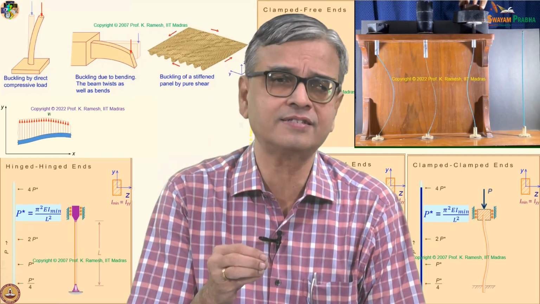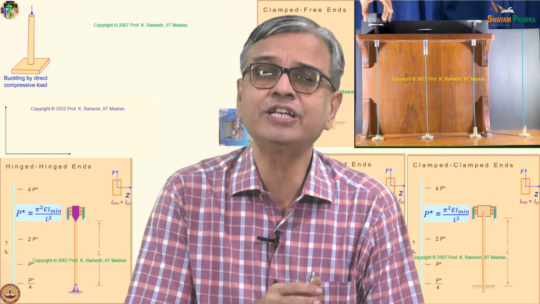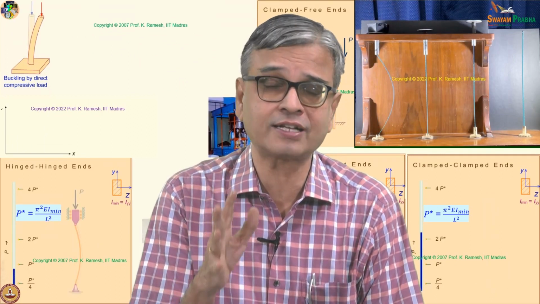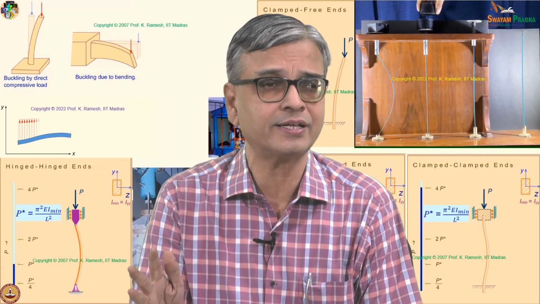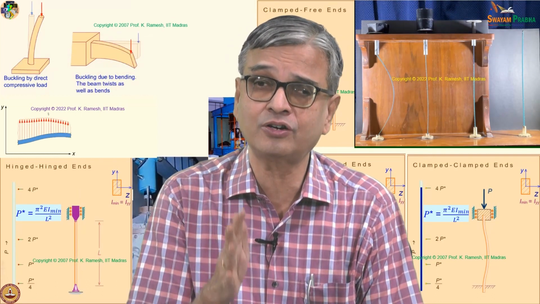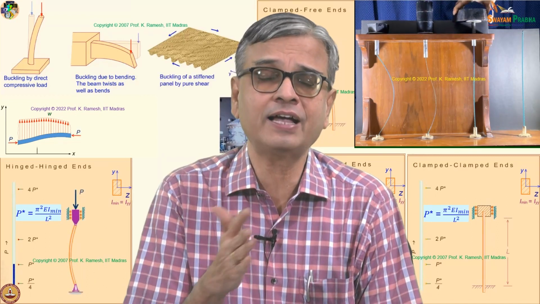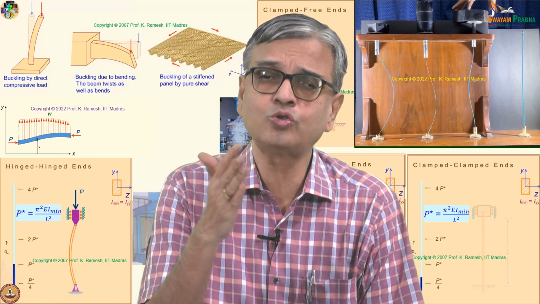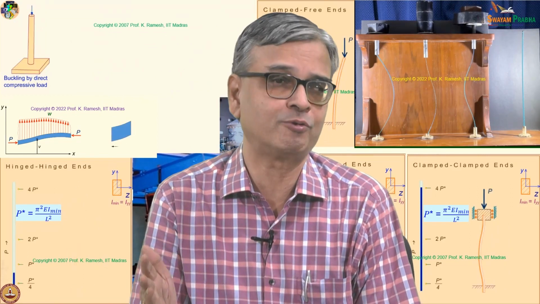The physical systems do not have the end conditions marked. As an engineer, depending on the constraints, you have to idealize it as a pin joint or a fixed joint, and fixed joints are very difficult to build in reality. And if you have a dilemma, always do two analyses, and get the lower bound solution as well as the upper bound solution.